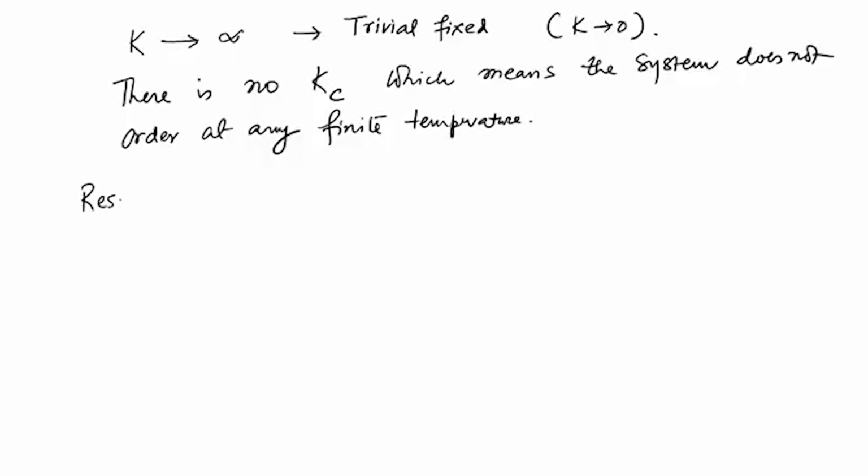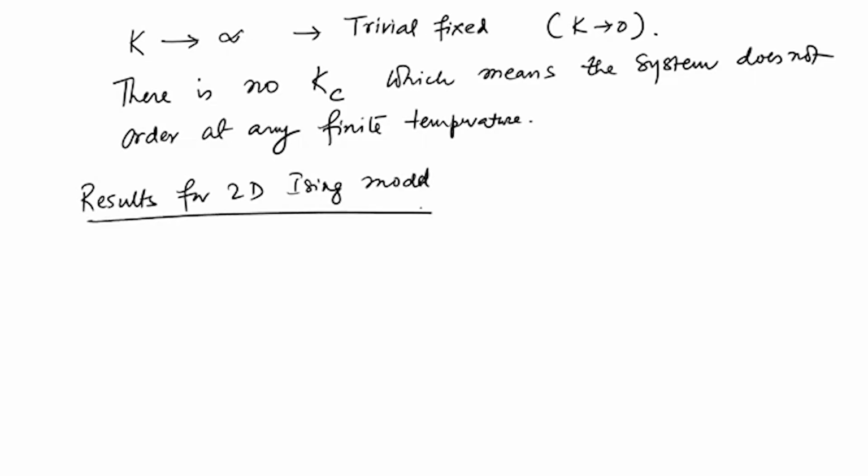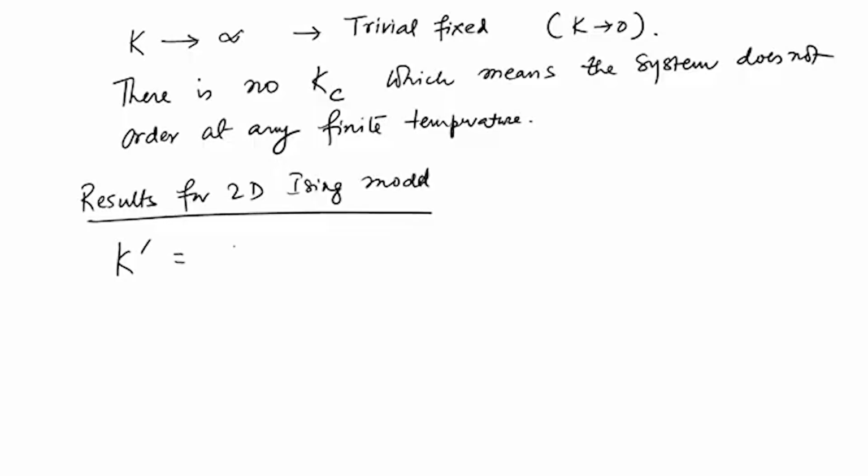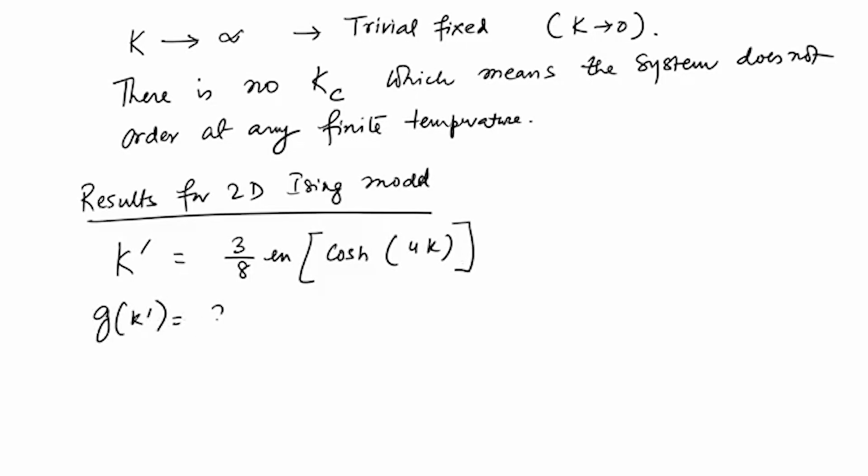Okay. So, in any case, I just mention the results for the 2D Ising model, and people have done this, and one gets that there is an ordering temperature, which is what even the mean field suggests or the transfer matrix suggests, where the expressions are a little more complicated. I am not deriving them, but just giving you the results, and this is like a 4k, and g of k prime is equal to 2 g of k.